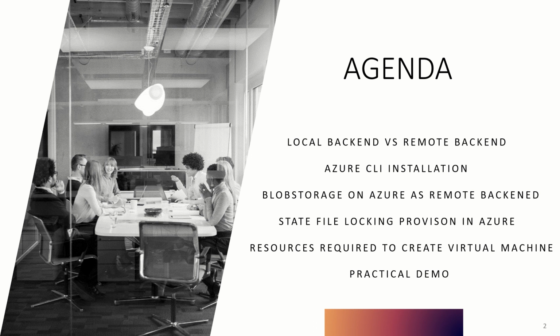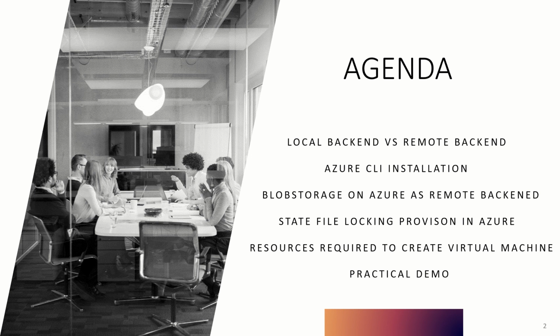After that, we'll see how the state file locking provision works in Azure. When we use local backend, whenever we perform any command like terraform plan, terraform apply, terraform destroy, we see that Terraform provides a lock on that state file. But is this the same when we store the Terraform state file on Azure storage?